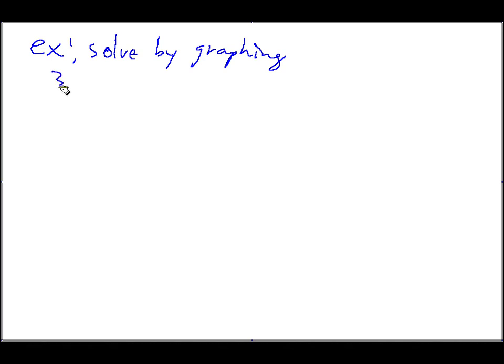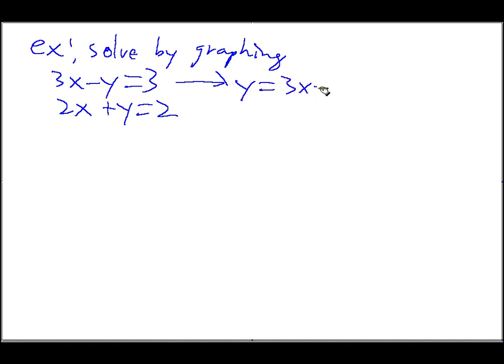Let's look at 3x minus y is equal to 3, and 2x plus y is equal to 2. Let's get each equation in mx plus b form. For the first equation, do the algebra on your paper, but hopefully you see that y will be equal to 3x minus 3.